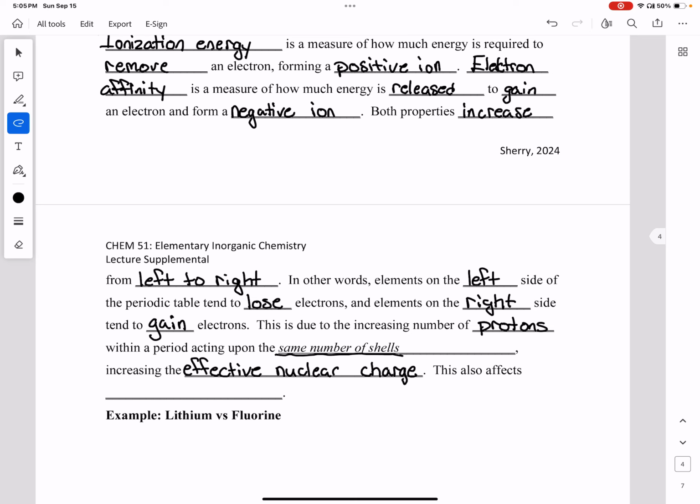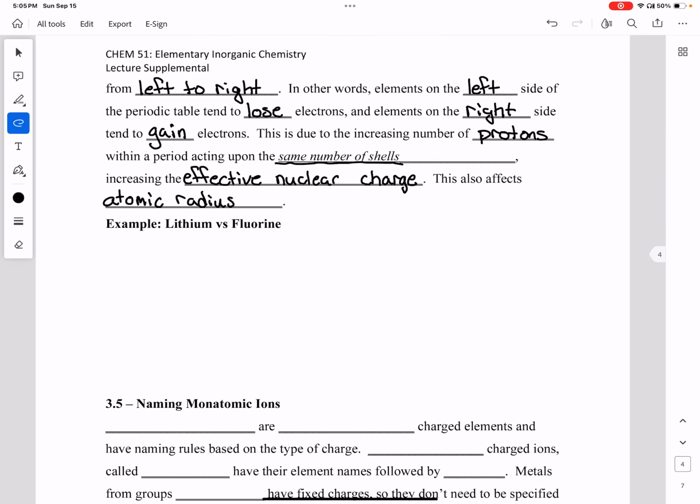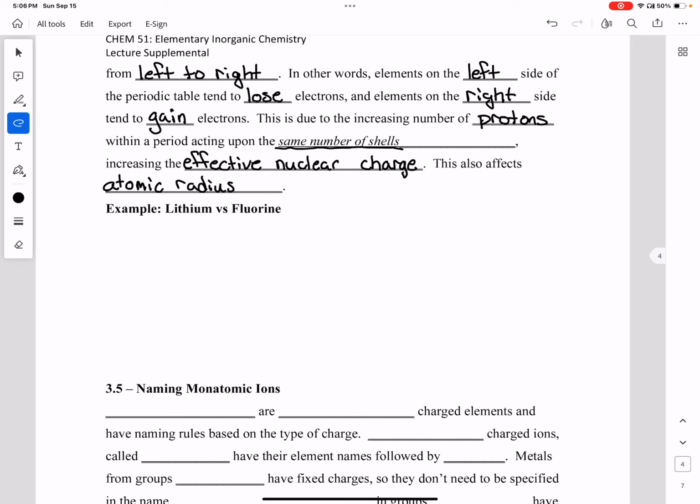And another property that effective nuclear charge affects is the atomic radius. So let's look at an example. You'll see what I mean. Okay, so we have lithium.